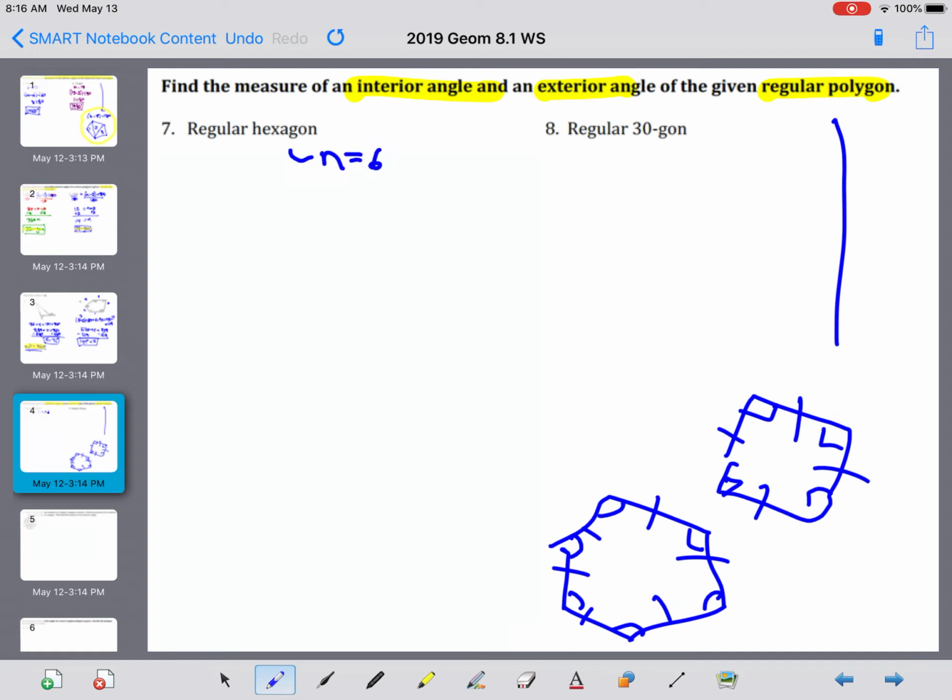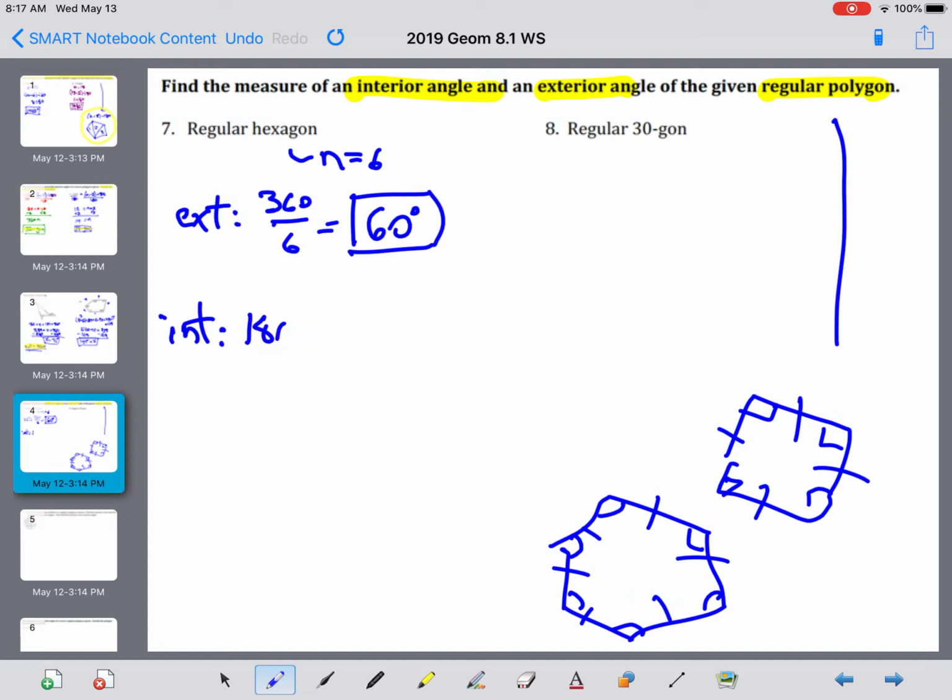Now what I like to do here is I know the exterior total. I'm going to do the exterior, so that's going to be 360 divided by 6. That's going to give me 60 degrees. So that's my exterior angle. Now, for the interior, we know that the interior angle plus the exterior angle equals 180. So 180 minus 60 degrees is 120 degrees. So we have the interior and the exterior.